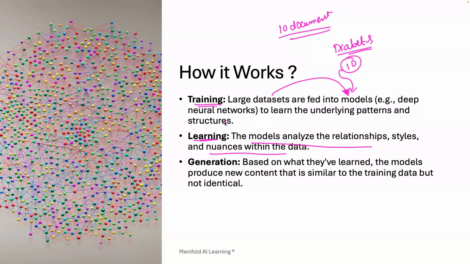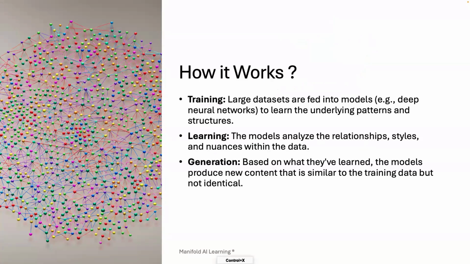For example, if I ask the trained model to describe diabetes, it will describe diabetes in a new way based on the pattern that it has learned. It's like it has prepared, and when you ask, it's like the examination; it will try to answer based on its preparation. That is how these large language models work.